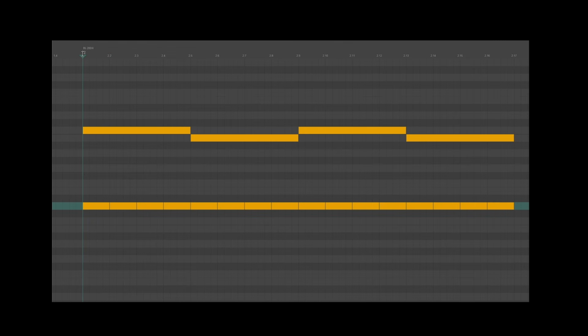Let me clarify that because this is really powerful. Imagine a standard measure. Your memory knows exactly when the next beat is coming.